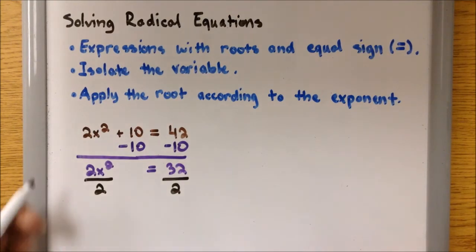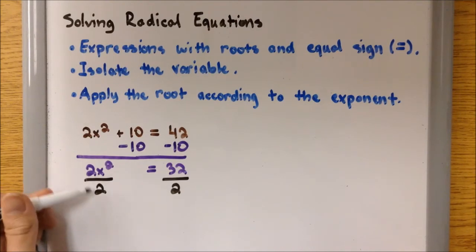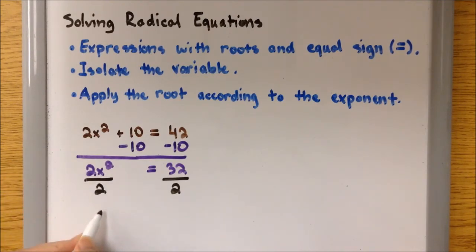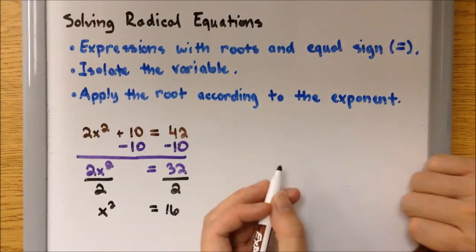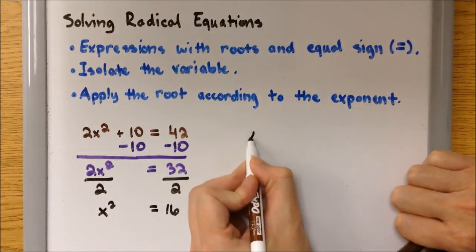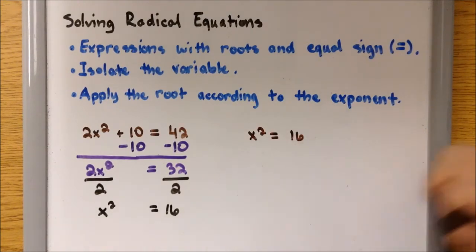So 2x squared divided by 2, the 2 and the 2 will divide, and I'm left with x squared equals, and 32 divided by 2 is 16. So we got x squared by itself, and it's equal to 16, just like in the last example.